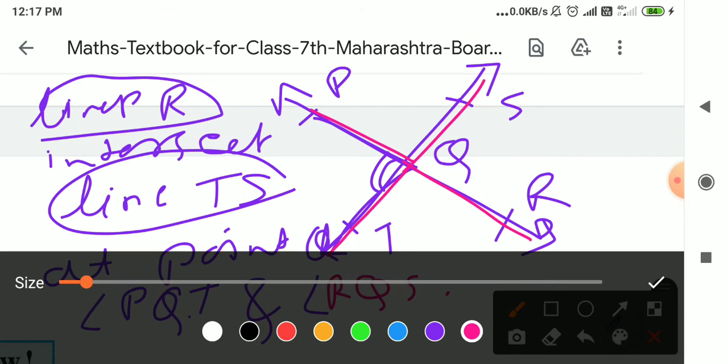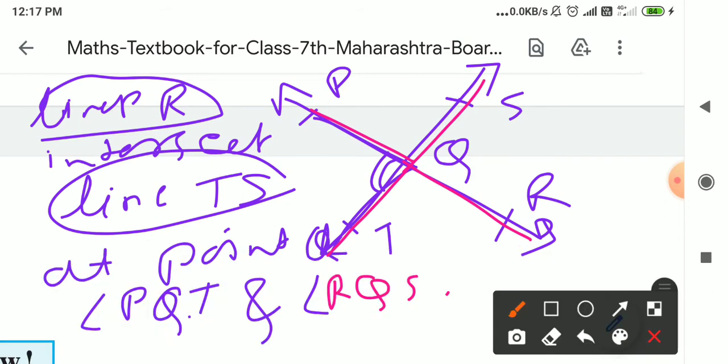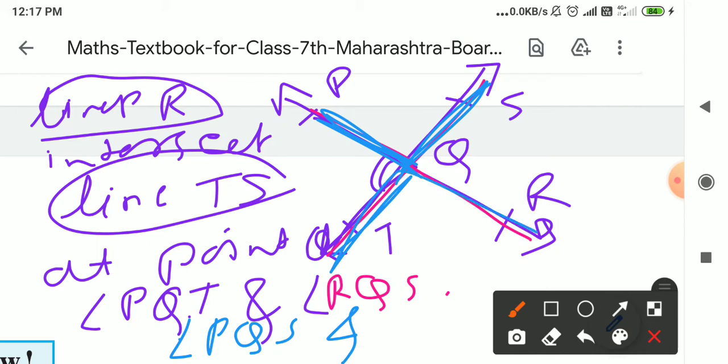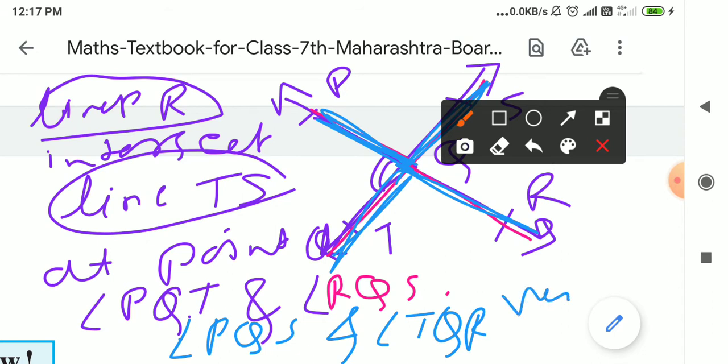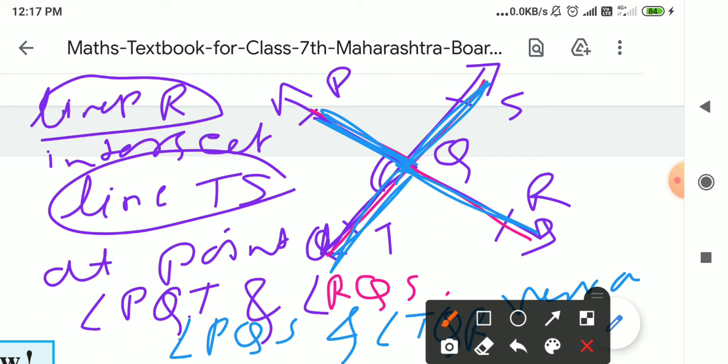And secondly, angle PQS and another angle TQR are called what? Vertically opposite angles. These are the conditions I told you.